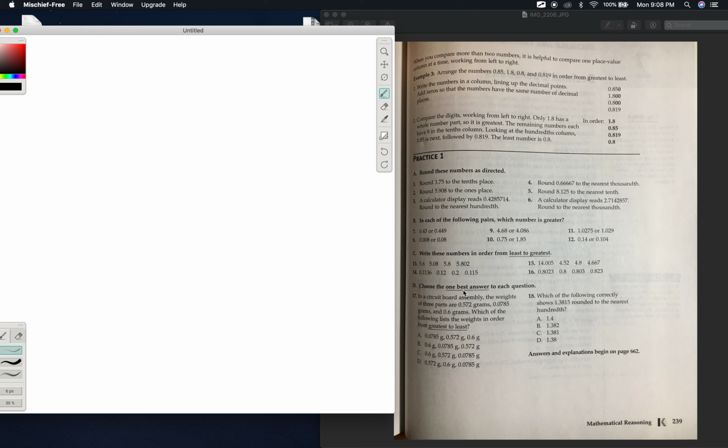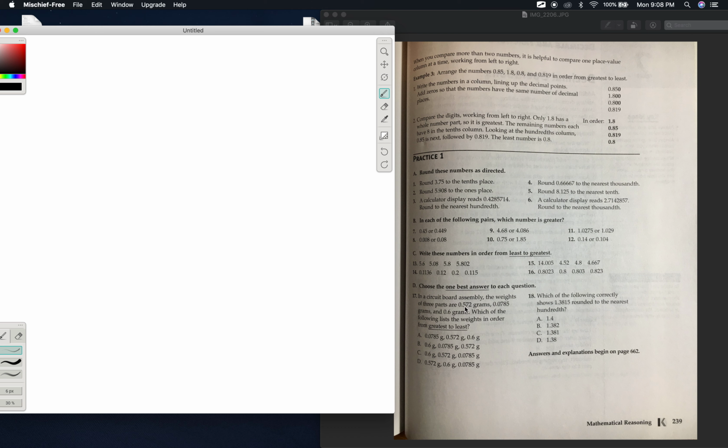Choose the one best answer to each question. In circuit board assembly, the weights of 3 parts are 0.572 grams, 0.0785 grams, and 0.6 grams. Which of the following lists the weights in order from greatest to the least? So first you have to figure out which one's the least. Even though this has the fewest digits, it's the greatest number, because right after the decimal it has the largest number.